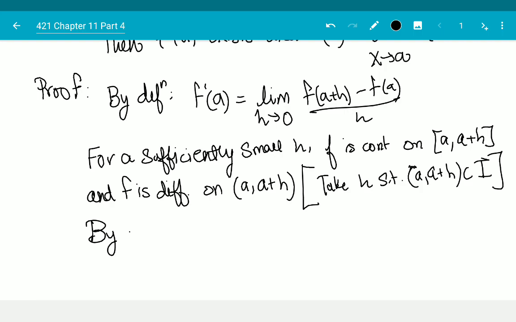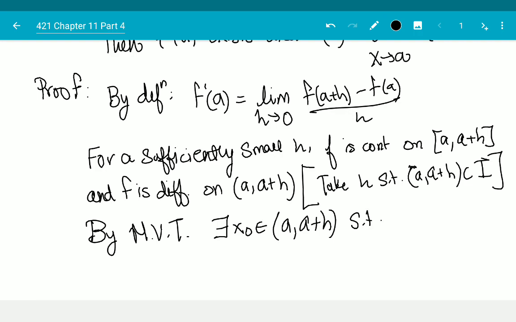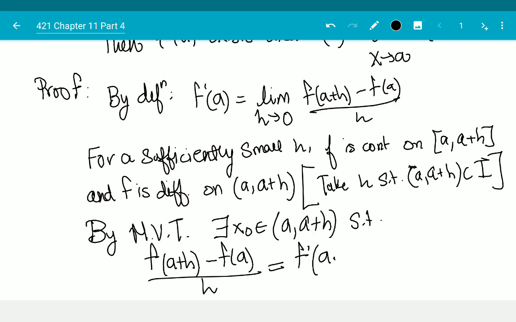Then, by mean value theorem, there exists x naught in a comma a plus h such that f of a plus h minus f of a all over h is equal to f prime of x naught, right?